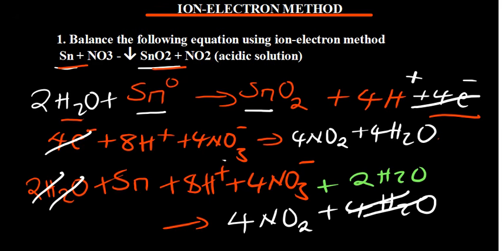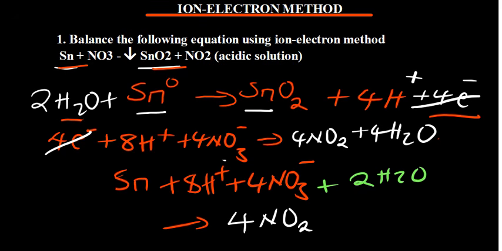Since we've cancelled out, we remove this as well. Okay. So we've balanced now. Actually the water molecule is supposed to be down here because it's part of the products. So 2 water molecules.